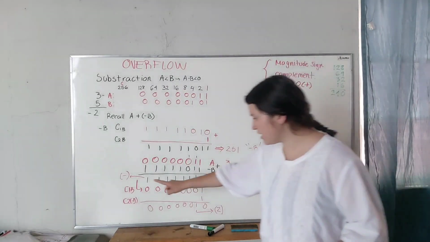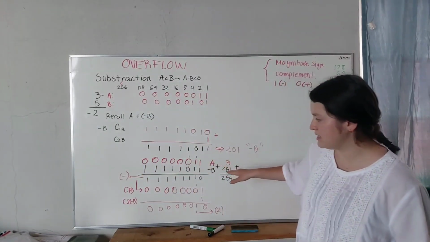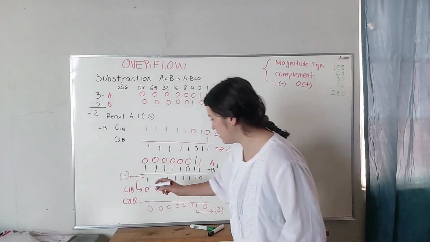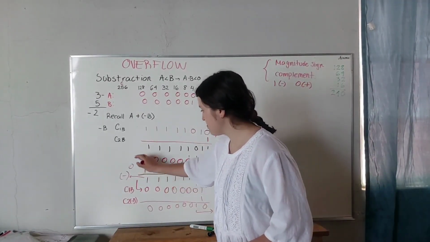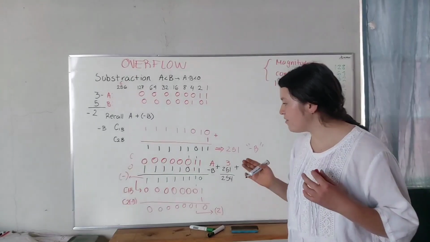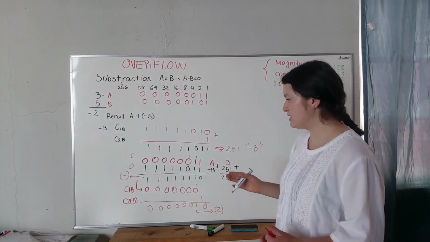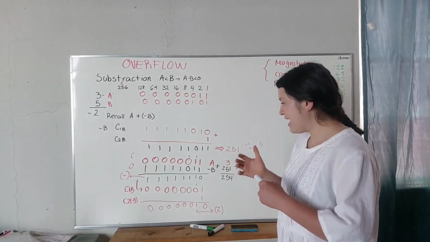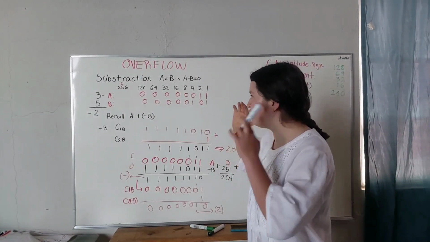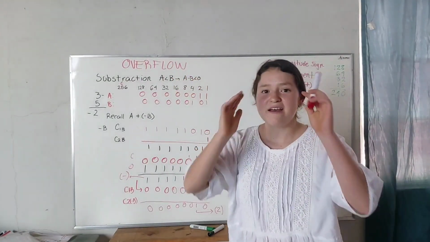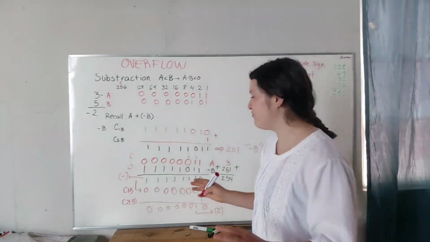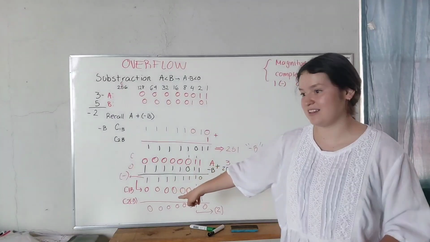We have no carry, where here with 8 bits, the carry is the ninth. We have 0 as carry, but we have 1 at the last bit, and that is when overflow turns on. It's telling me, hey, don't be fooled by that. That is the sign.